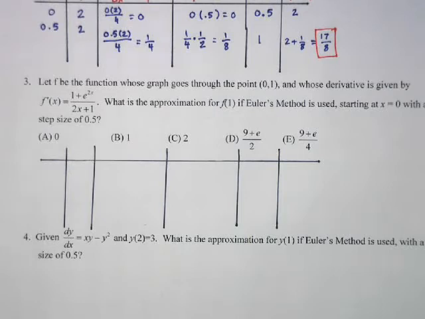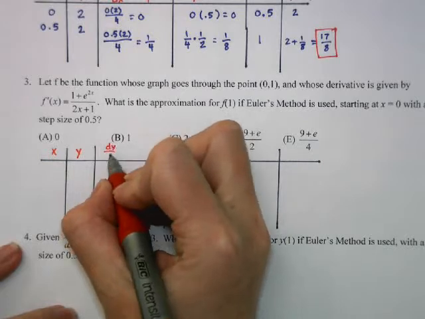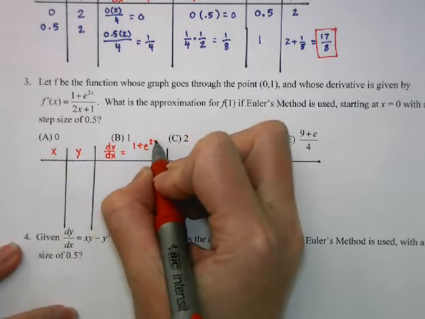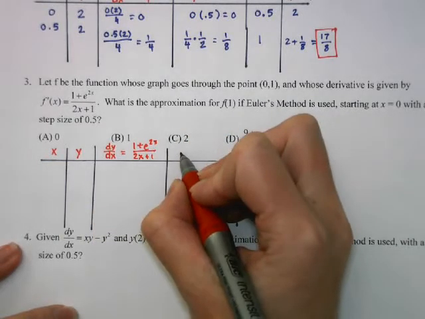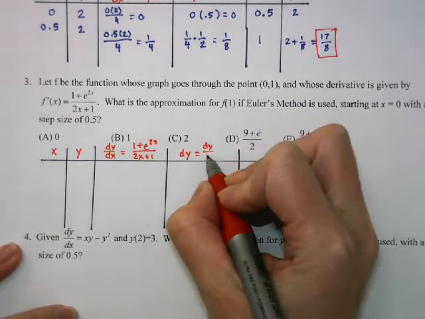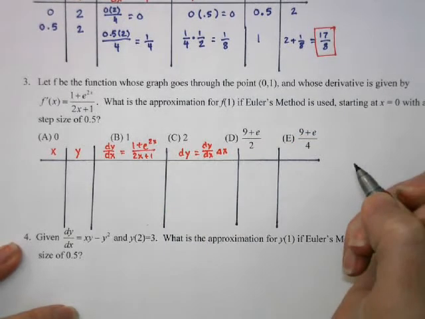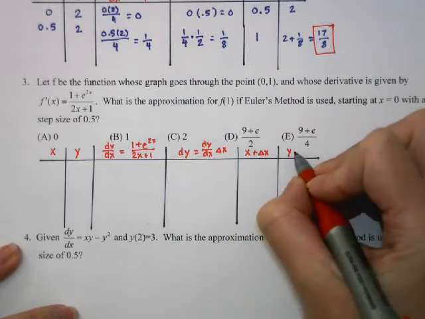In my chart, again, we have our x, our y, dy/dx, which in this case is 1 plus e to the 2x over 2x plus 1. We'll calculate dy, which is going to be dy/dx times our delta x. Then we're going to have our new x and our new y.